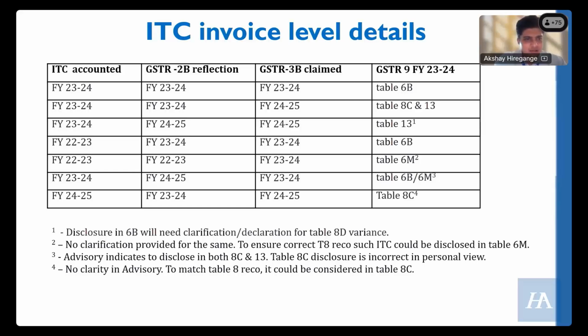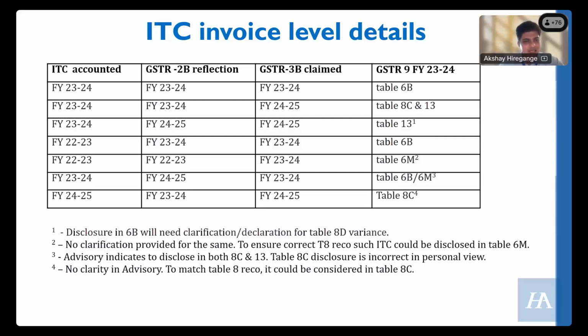So if you see the superscript for the first one, disclosure which is there in this table 6B will need clarification declaration. One very important thing which we need to remember, department's view on such type of credit claims may be different. They may expect that you put these transactions also in 8C of the returns.